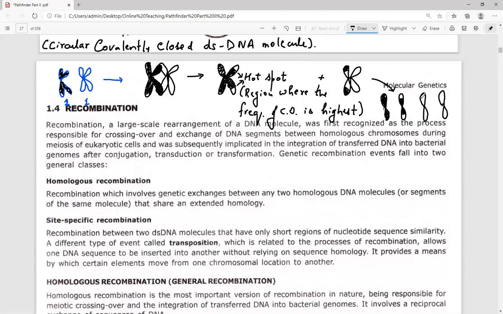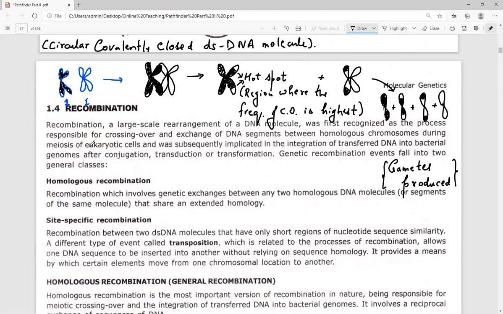In the third case, and in the fourth case, this is the gamete. So these are the four different types of gametes which are going to be produced.